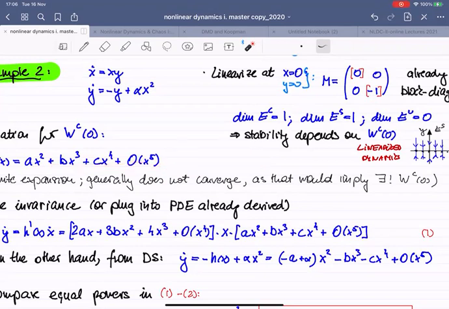Even if it's a divergent expansion, when you're close to the origin, this statement is true.